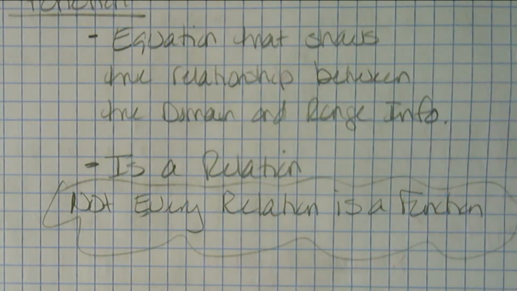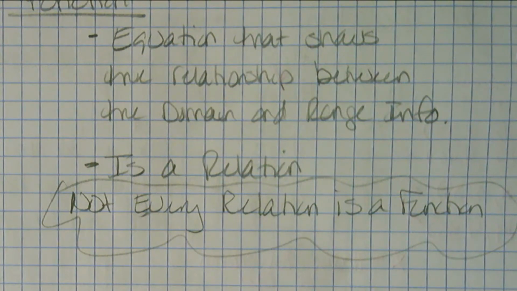So I always kind of relate this to quadrilaterals, right? You've got parallelograms, you've got trapezoids, you have rectangles, you have squares. So I want you guys to think about a rectangle and a square. Is every rectangle a square? No, right?